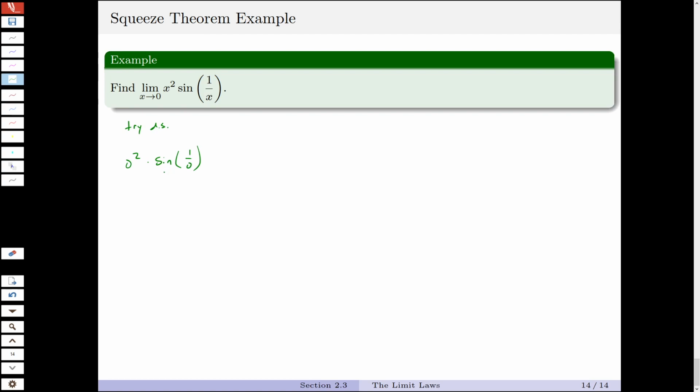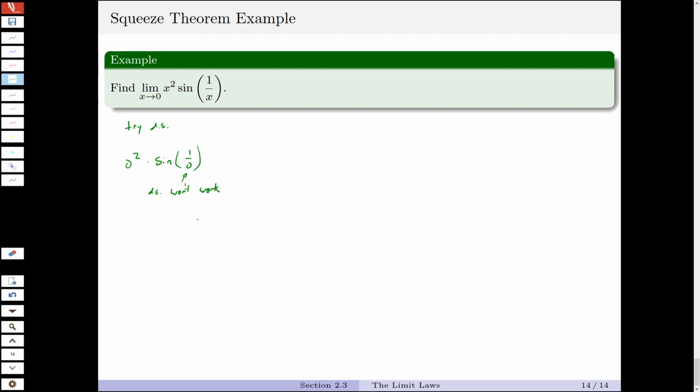I can't factor things in and out of a trig function. So direct substitution won't work, and we don't have any algebra things that'll work. There's no identities that'll deal with a 1 over x inside my trig function.